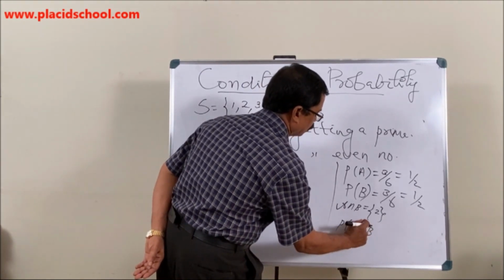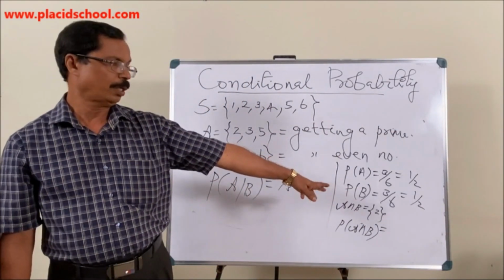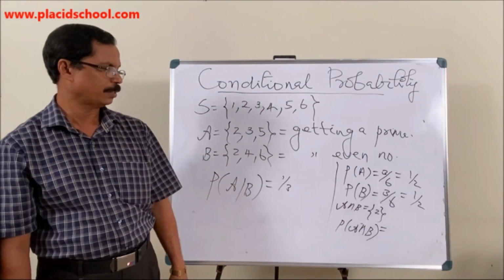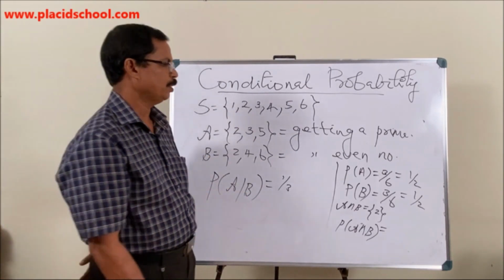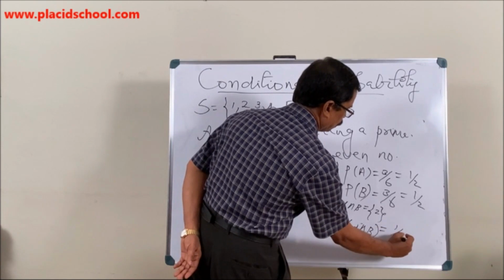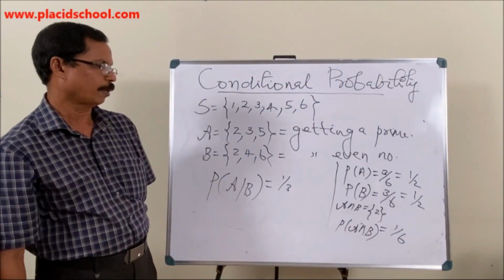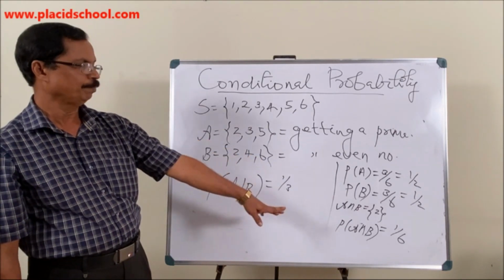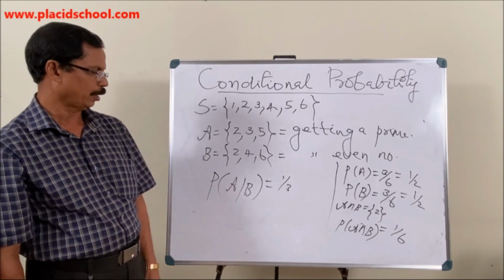A intersection B contains only one element and S contains 6 elements. So the probability of A intersection B is 1 by 6. That is, the number of favorable outcomes to A intersection B is only 1 and there are 6 in total. So P of A intersection B is 1 by 6.